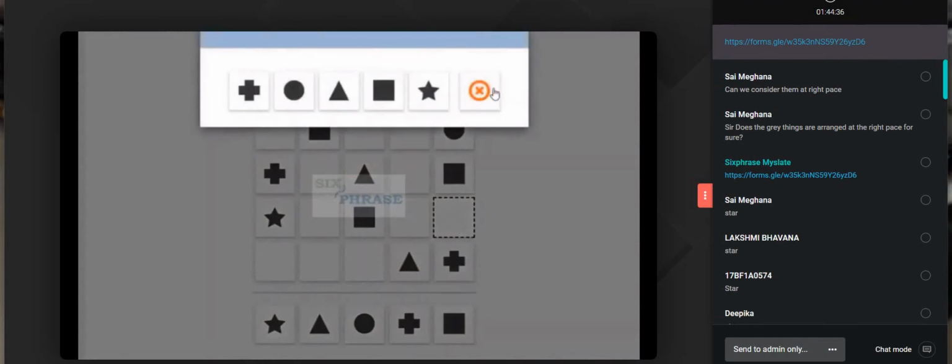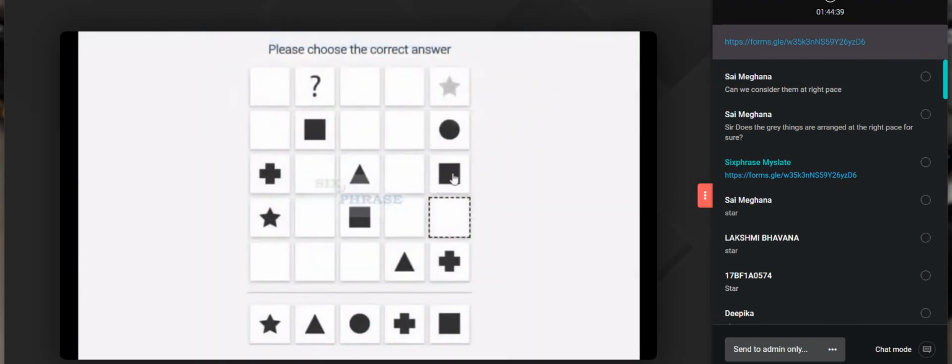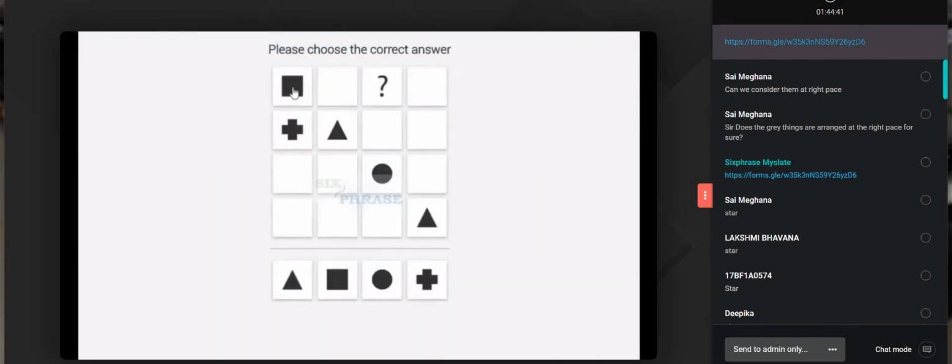One minute, guys, I'll show. I'll just play a page for you. I want to stop at a page.